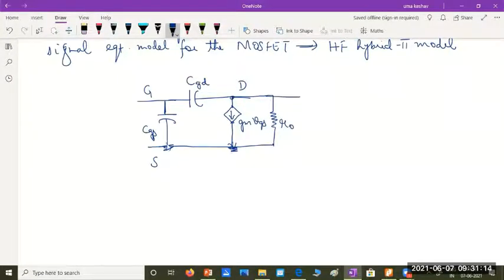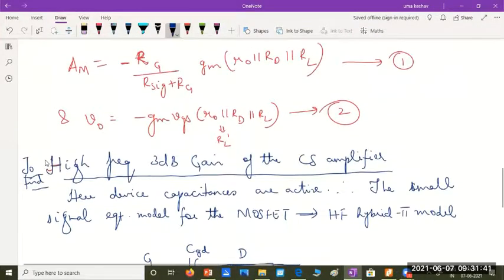Yes, this is the high frequency model for the MOSFET. Between gate and source, usually we would never have anything in the low frequency model because the resistance was infinity.